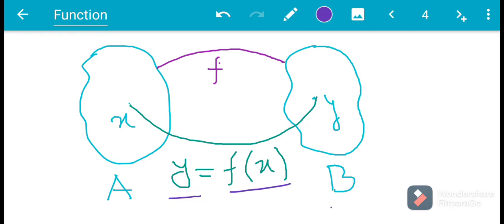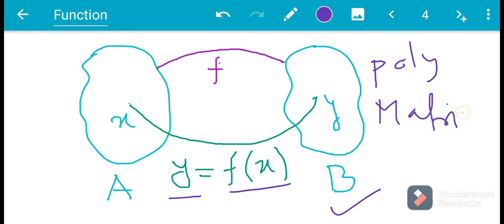Whatever y is, y could be a polynomial, a matrix, a vector, anything. Whatever the set B may be, x under this rule f is equal to that quantity y.